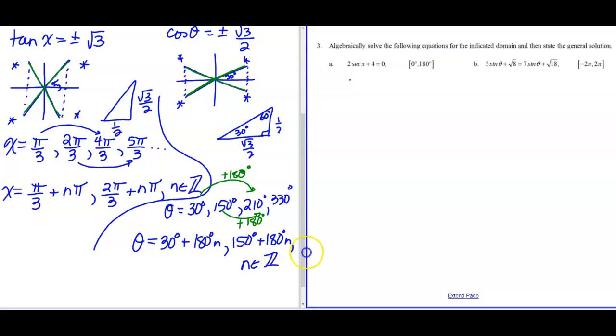So it's one trig ratio, so that means we'll isolate secant theta to be -4 divided by 2, which is -2. And then show it as cos. Do you have to show it as cos? No. You know what secant is? Go for it. I just prefer, in my mind, to think about it as a primary trig ratio.